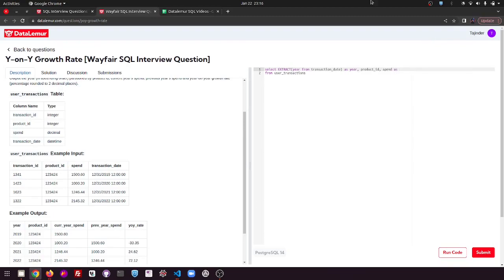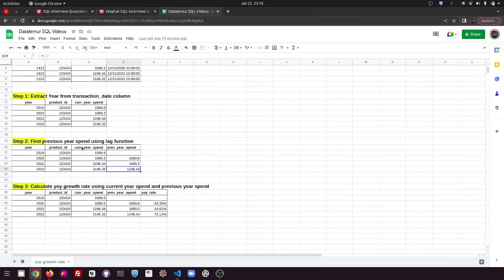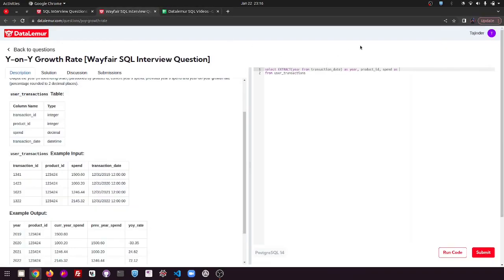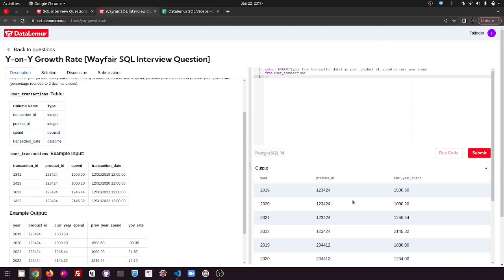We are also going to rename the spend column as current year spend. Okay, let me test only this first step first. Great, we have converted it. We have successfully implemented the first step.